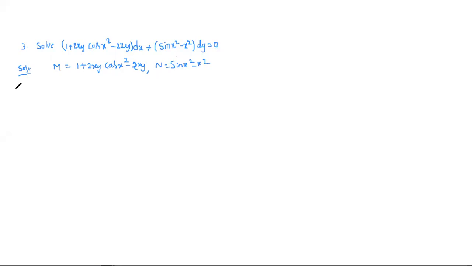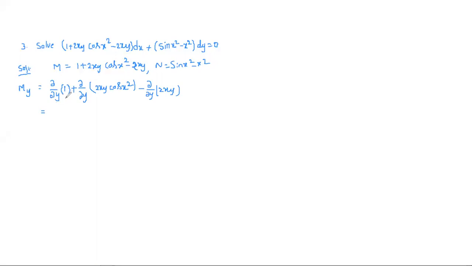Next, immediately we need to check ∂M/∂y. With respect to y we are applying the derivative, which means x is a constant. So we write ∂/∂y of 1 plus ∂/∂y of 2xy cos x² minus ∂/∂y of 2xy. The derivative of the constant is 0.